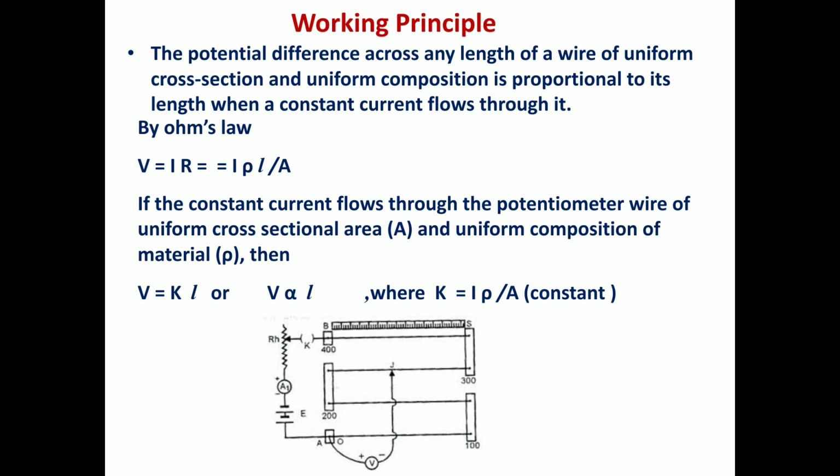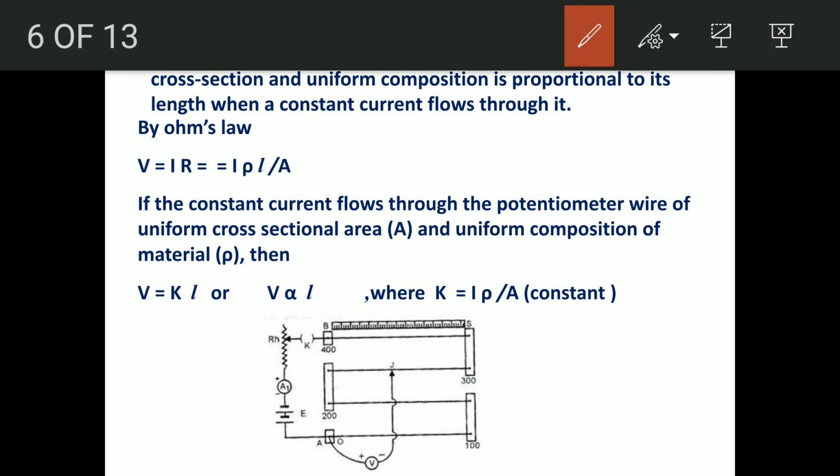Practically also we can verify it by having this type of setup. You can see that in this setup, this is a zero terminal, which is connected to the positive terminal of the battery.